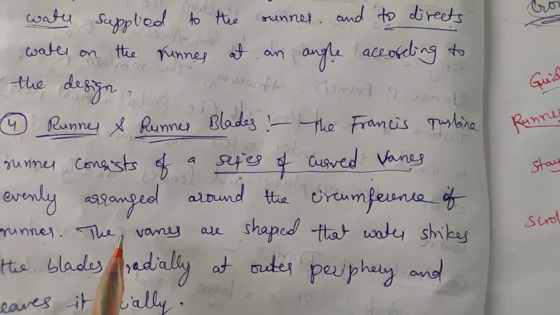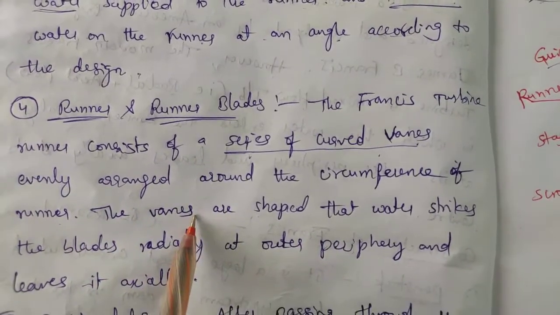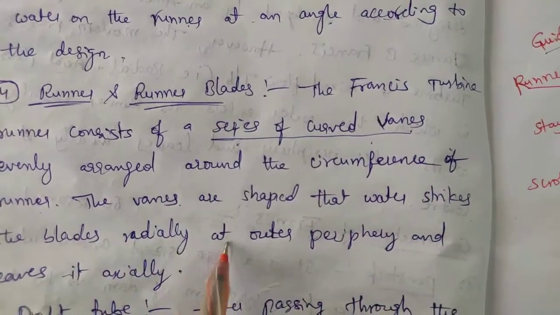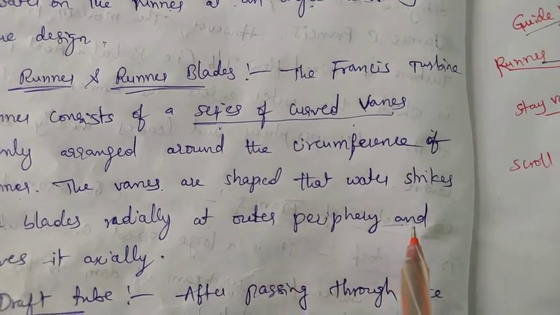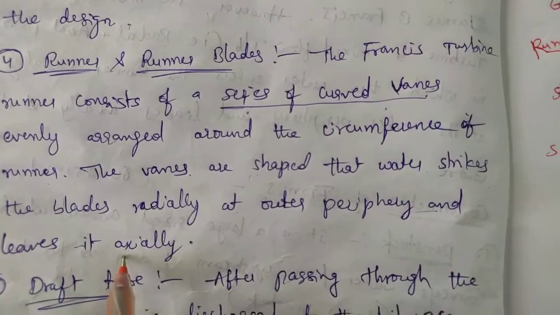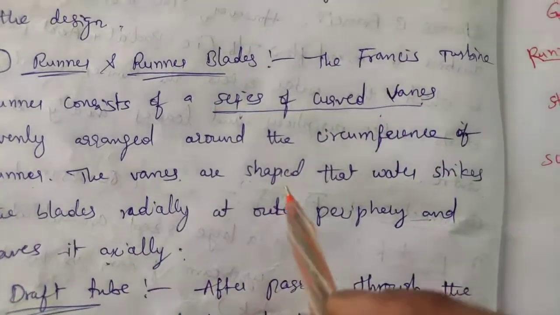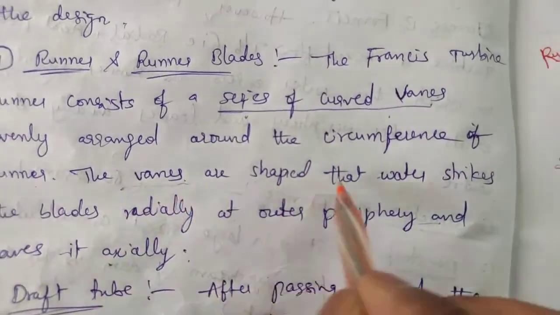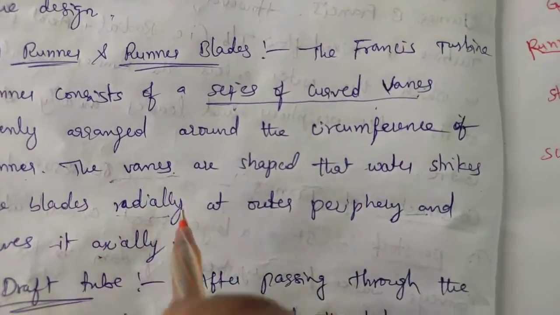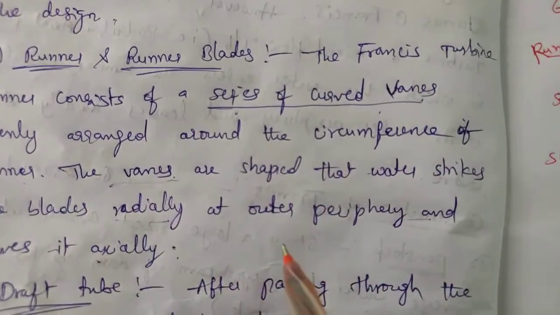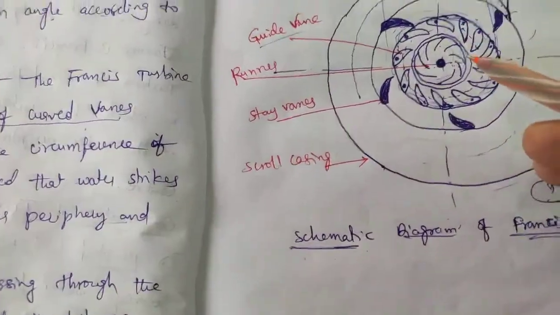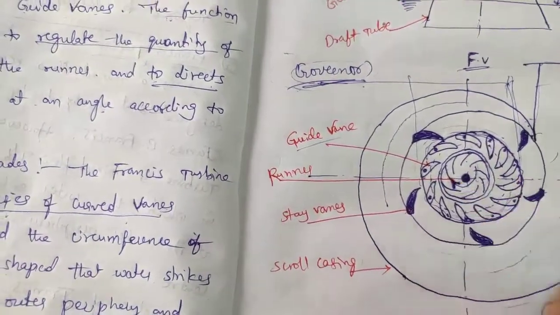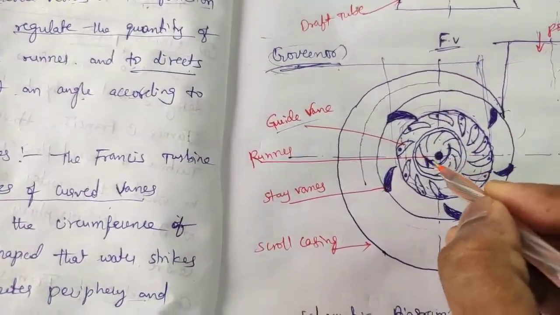When the water strikes these blades radially at the outer periphery and leaves it axially, due to the reaction moment, the impeller is rotated.